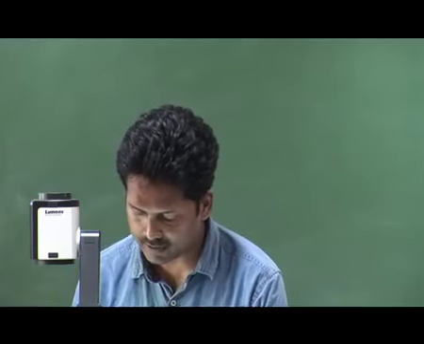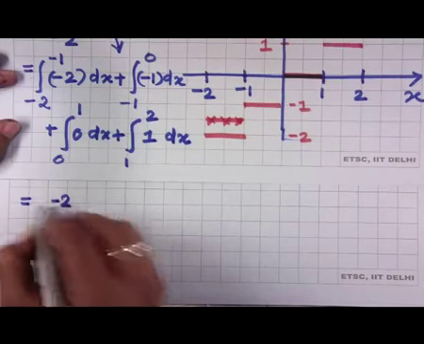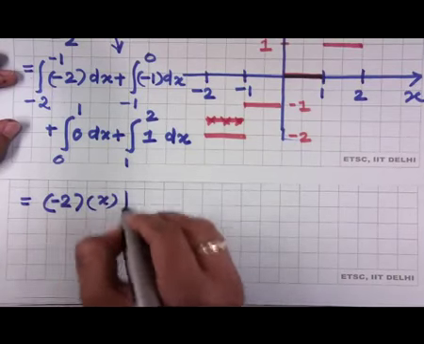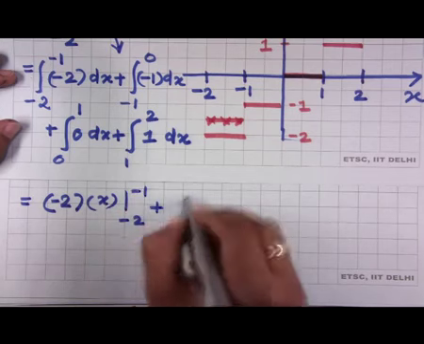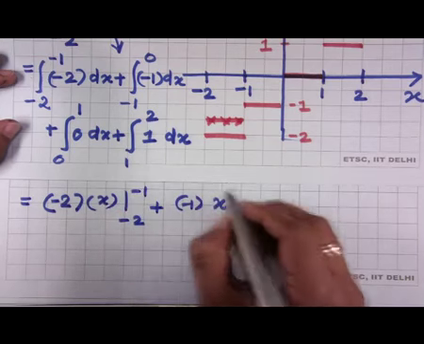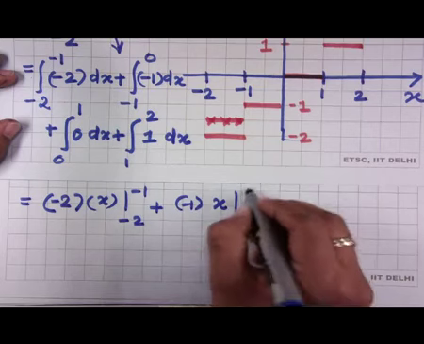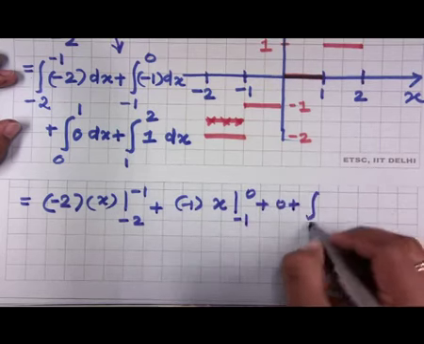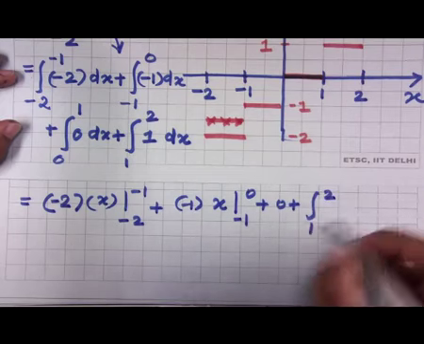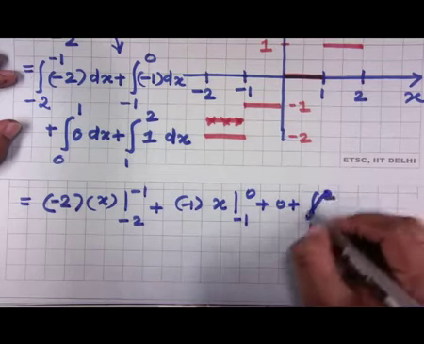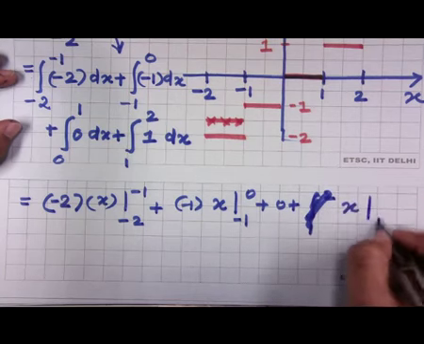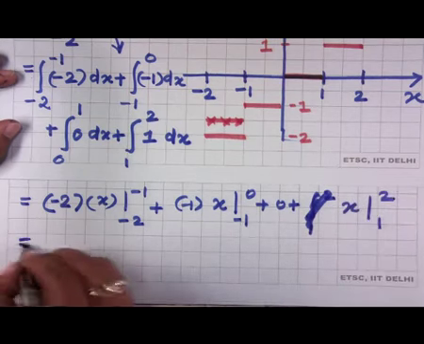If you integrate this, you get minus 2 x from minus 2 to minus 1, plus minus 1 times x from minus 1 to 0, plus 0, plus x from 1 to 2.